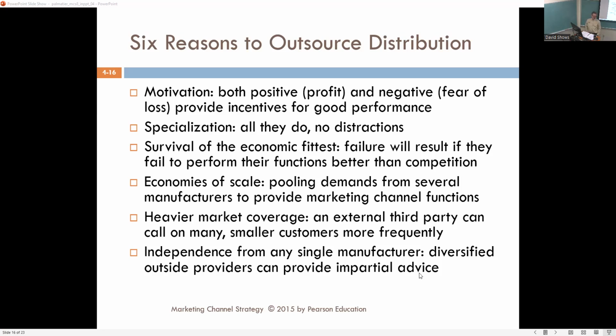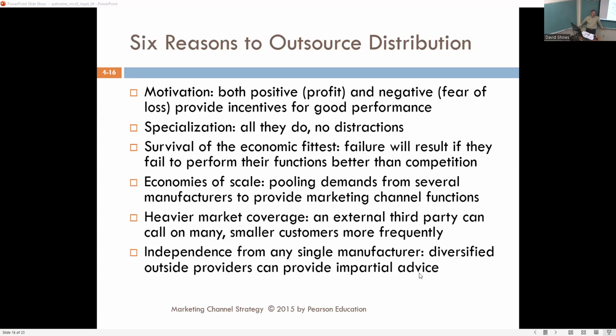But these are the things that channel partners can do, or what keeps them going, that basically put everything in a buy decision until you can justify it. The first is motivation. They have a very positive incentive and a negative one to perform well.